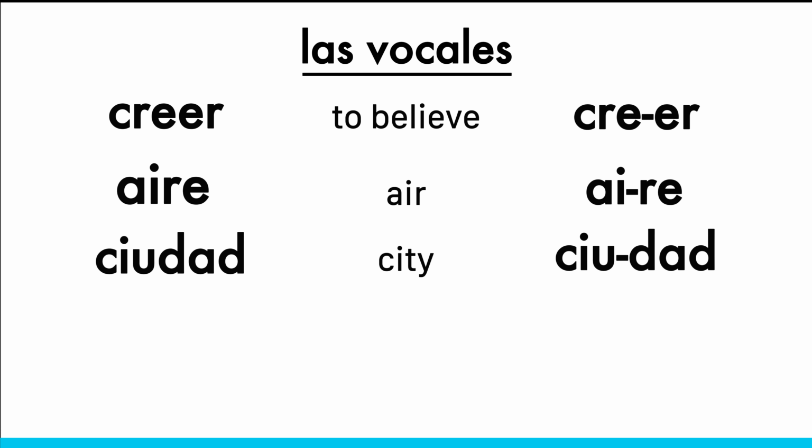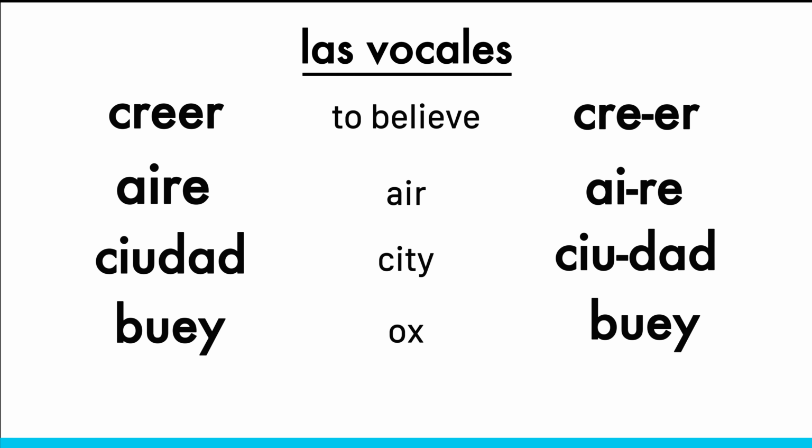In Spanish, there is also a thing called a triphthong, and it is made by one strong vowel between two weak vowels, and they stay part of the same syllable. For example, the word buey. It is actually just one syllable because the letter Y is treated like the I.